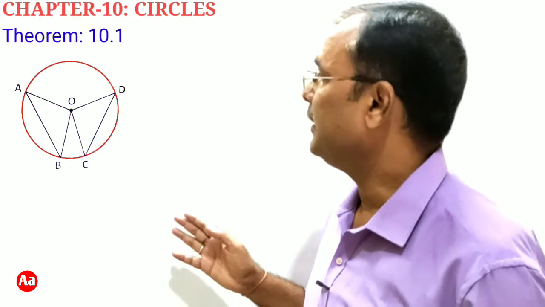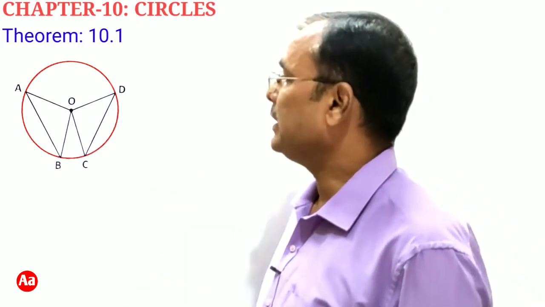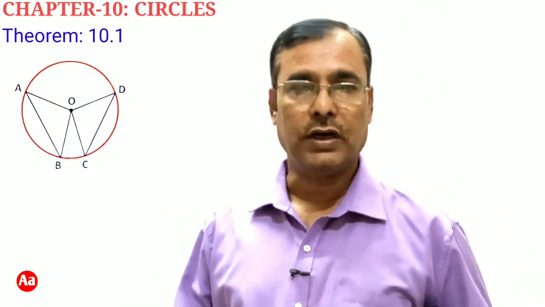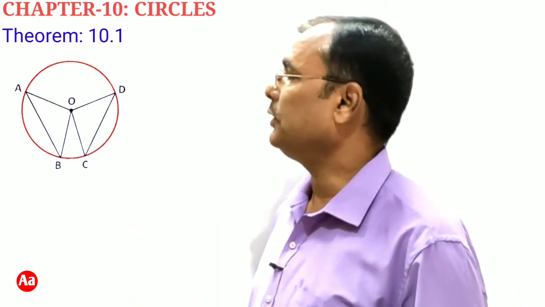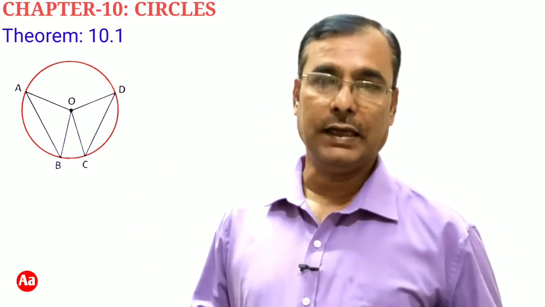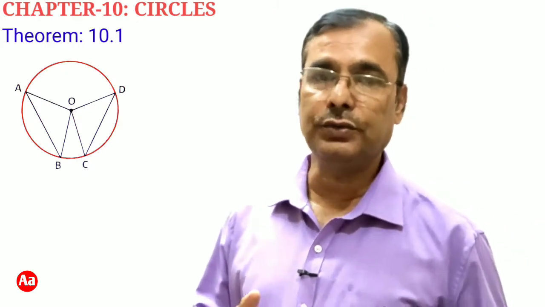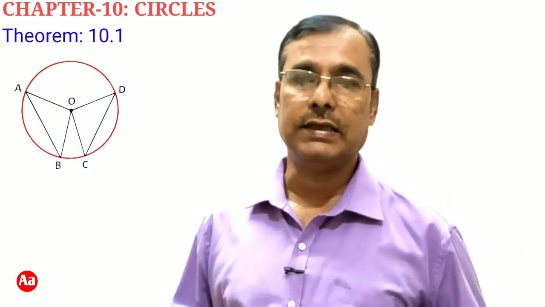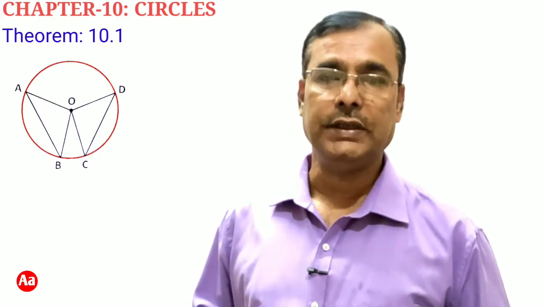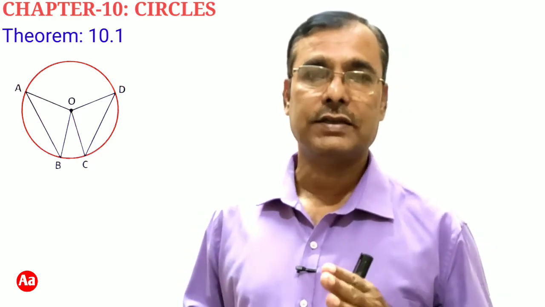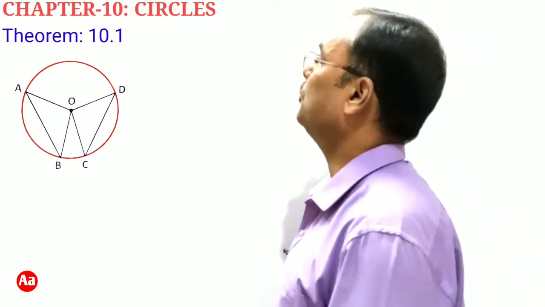In this figure, AB and CD are two equal chords of a circle with center O, and we are going to prove that the angles subtended by the two equal chords AB and CD are equal. That is, angle AOB is equal to angle COD.